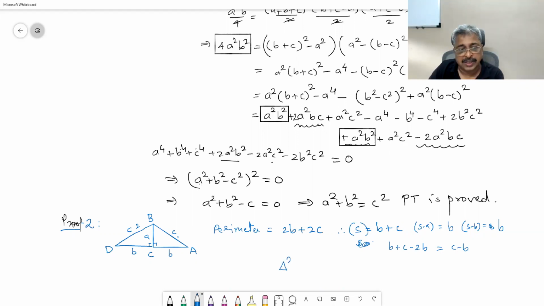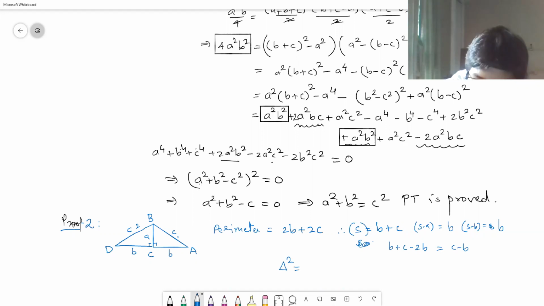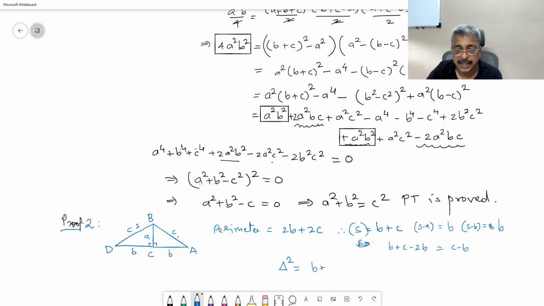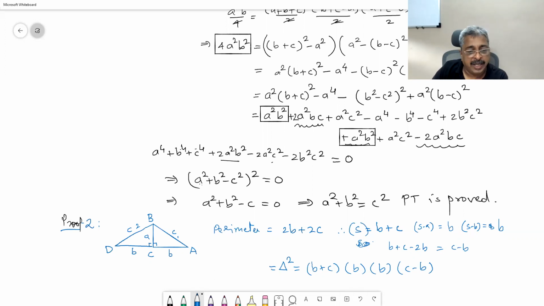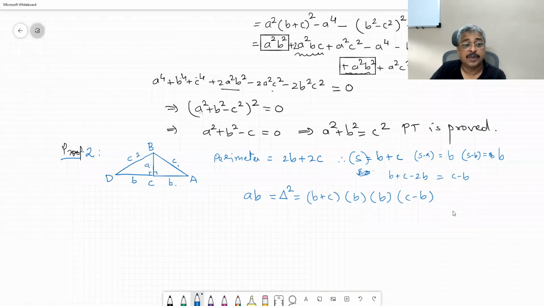Area using Heron's formula, area square of ABD is equal to B plus C, that is S, B, that is S minus A, B, that is S minus B, C minus B. Okay, and what is the area of the triangle here? 2B into A upon 2, so AB. Okay, so we have applied Heron's formula.